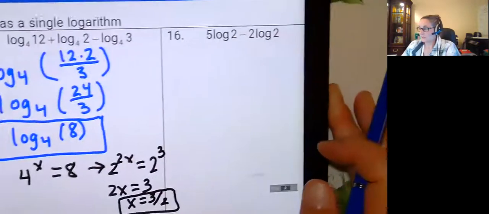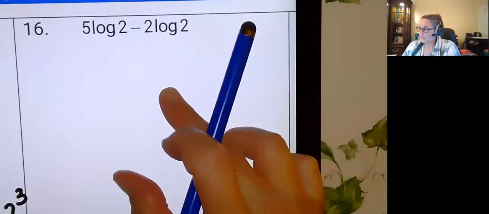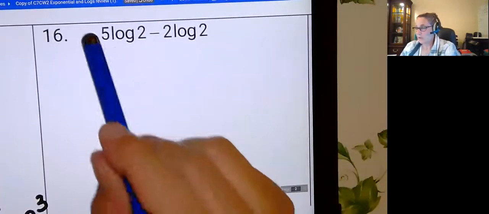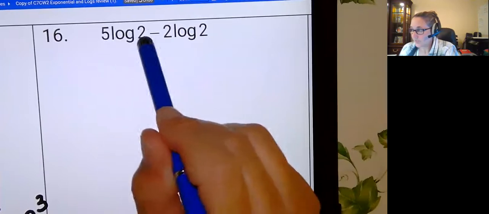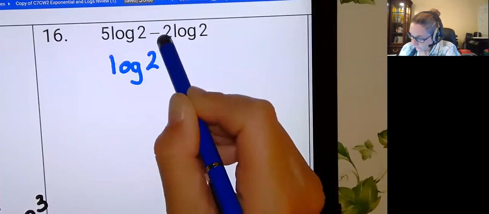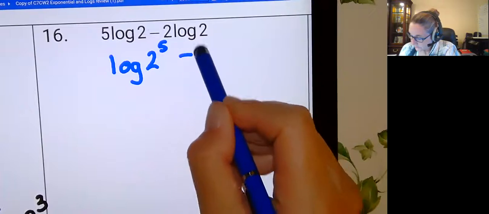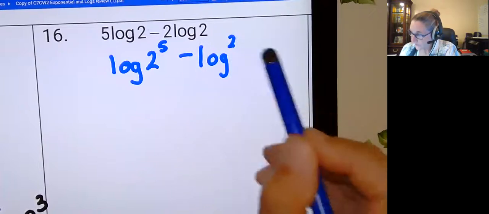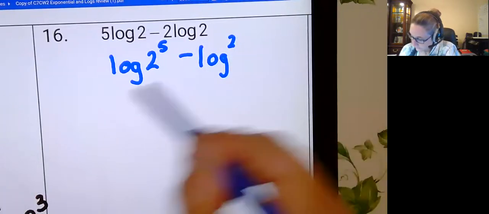On the next one, when you have a number in front of a log, that becomes the exponent. So this is really going to be log of 2 to the 5th minus log of 2 to the 2nd. Whoops, forgot my 2.